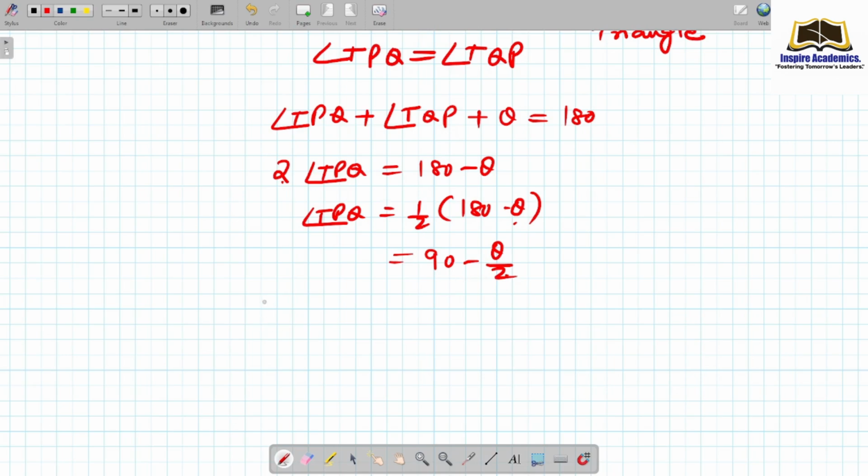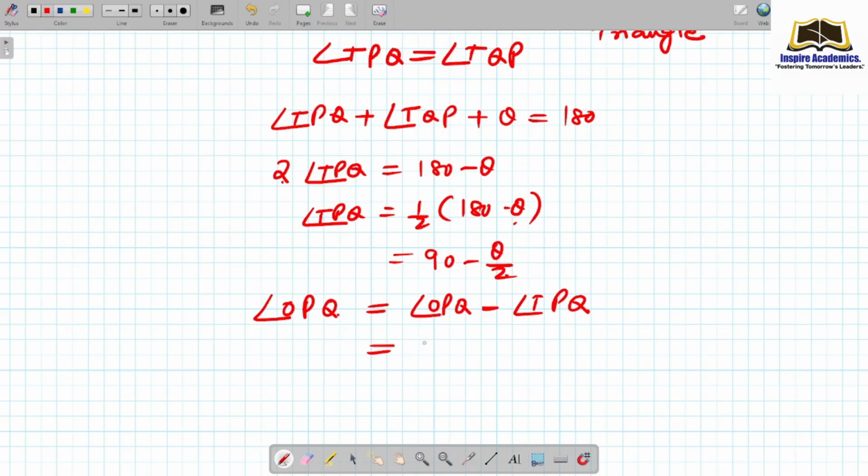But what is angle OPQ? It would be the total angle, OPT is 90, minus angle TPQ. Whoever doesn't understand, ask. Now what was the angle OPQ originally? We don't know, but we need to find out.